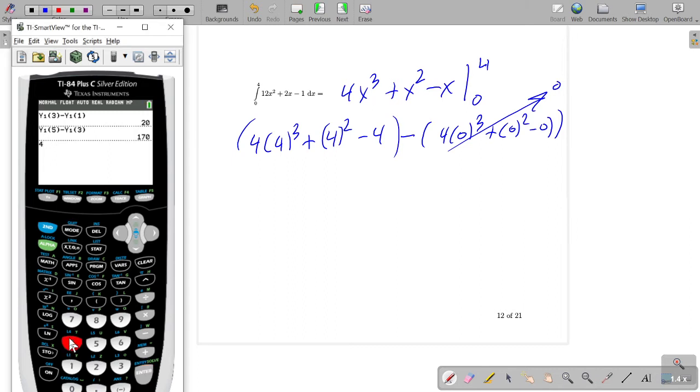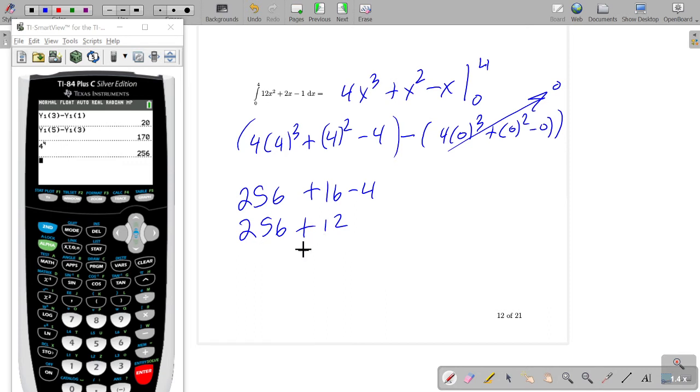So 64 plus 16 minus 4. So that would be 256 plus 12, 278. No, not 78. 268.